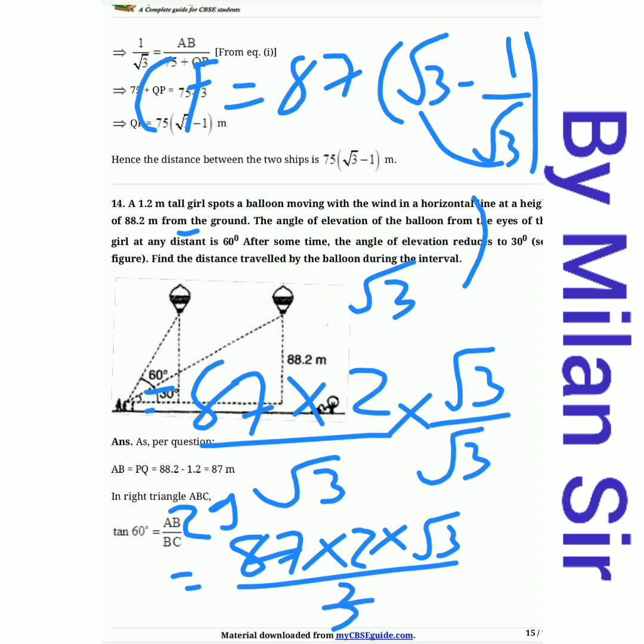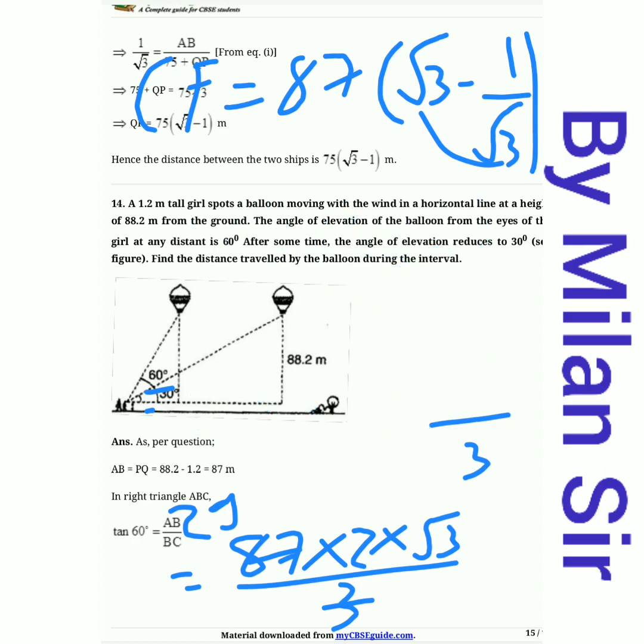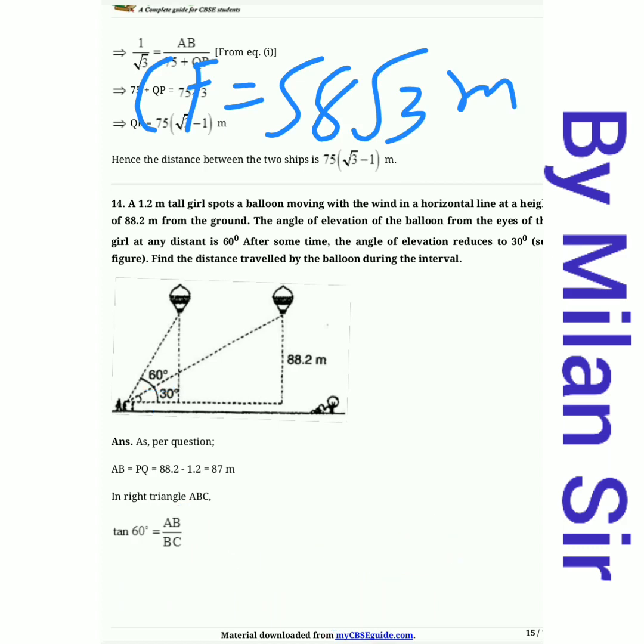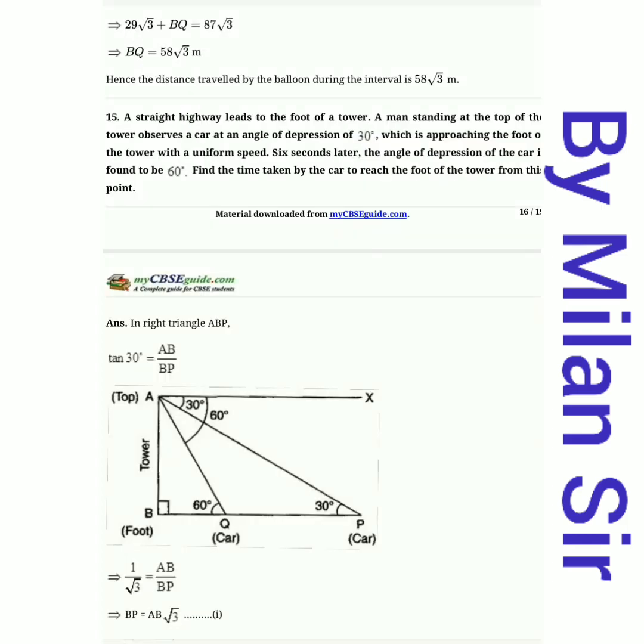So what is our final answer? 29 into 2, that is 58, and under root 3 as it is. So 58 under root 3 meter. This is our final answer, meaning the distance traveled by the balloon during this interval is 58 under root 3 meter.